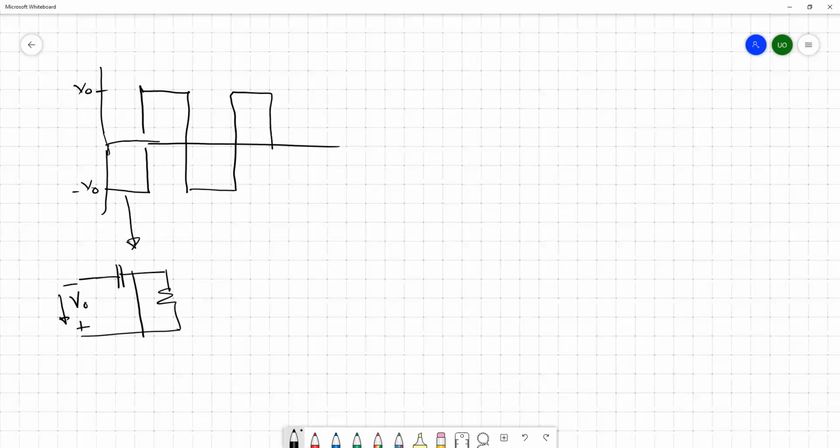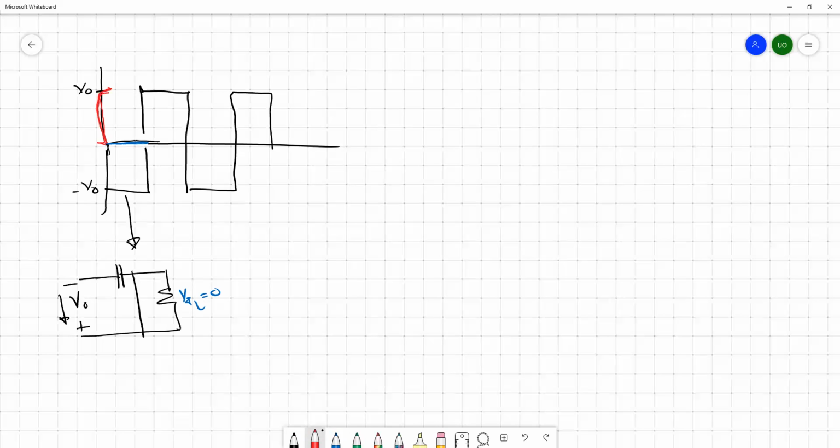So this is zero, this is short. During this cycle, the capacitor gets charged, but the output VRL is zero because this is already short. So this is your output, and the voltage across the capacitor is immediately charged to V naught.